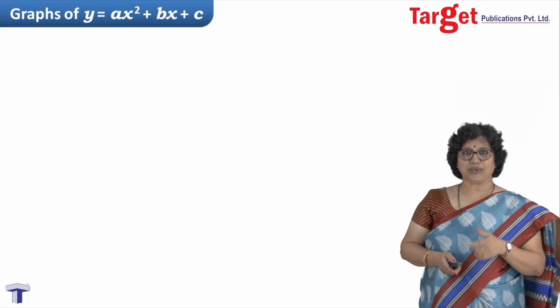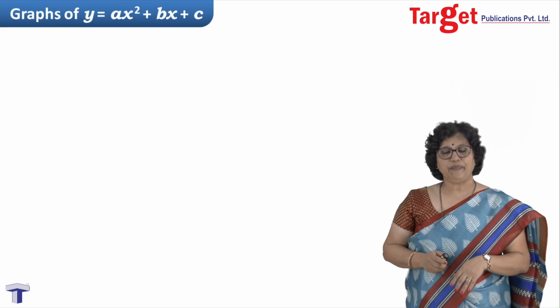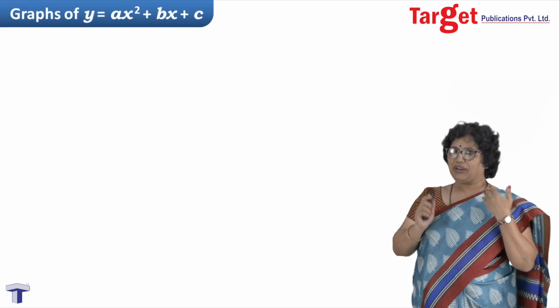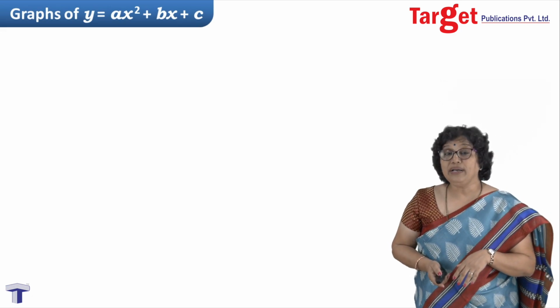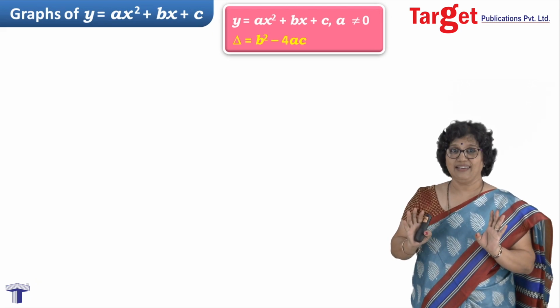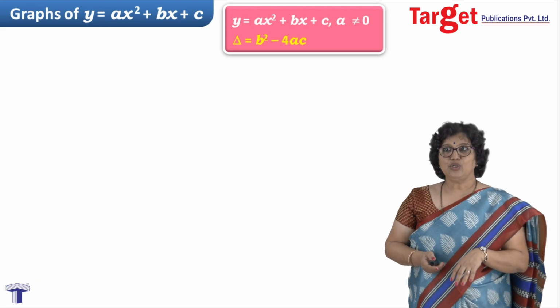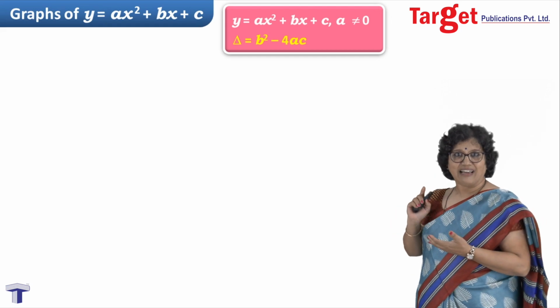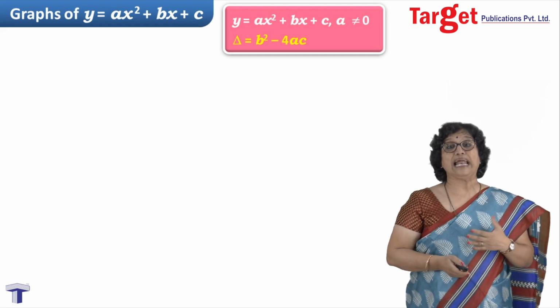Let us move to the next, and instead of a linear expression, I take a quadratic expression, ax square plus bx plus c. All of you know from your previous class that the quantity b square minus 4ac was very, very close to your heart, and that is called the discriminant. So I have written it with a triangle kind of symbol, that is called delta.